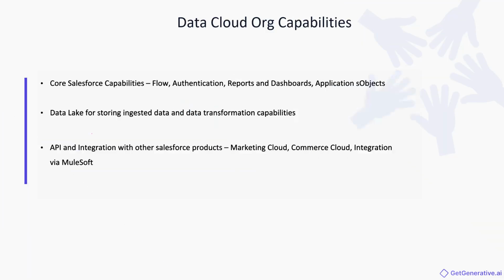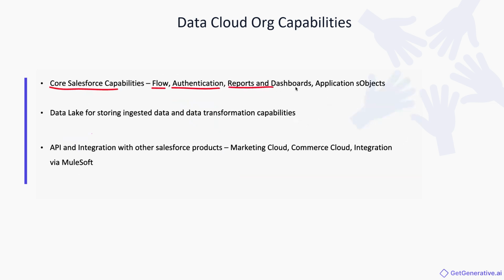What are the different capabilities we have within Data Cloud? And when I say Data Cloud capabilities, this is your capability of Data Cloud with CRM. So Data Cloud, if installed in the same org, you can utilize that in a Salesforce flow. Your authentication works the same, which is your login credentials.